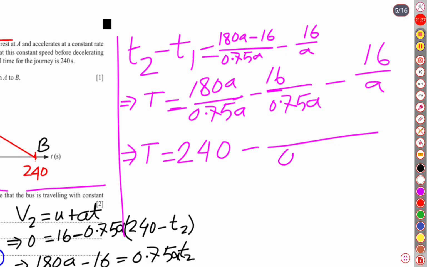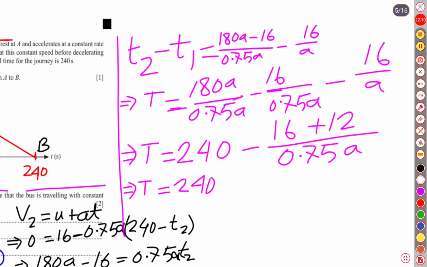Our denominator is 0.75a, hence it is going to be 16, and here you will have to multiply 16 by 0.75. If we multiply 16 by 0.75, it is 12. So it is going to be 12.